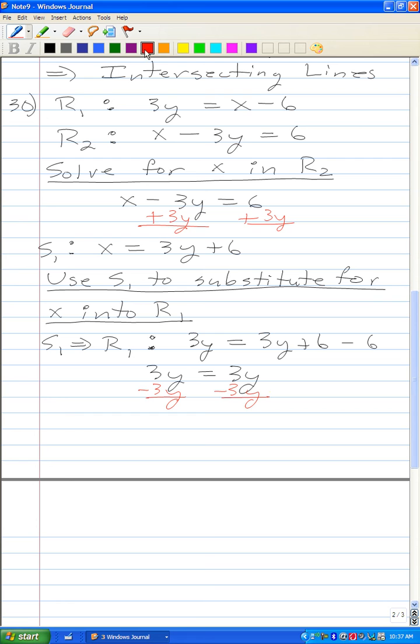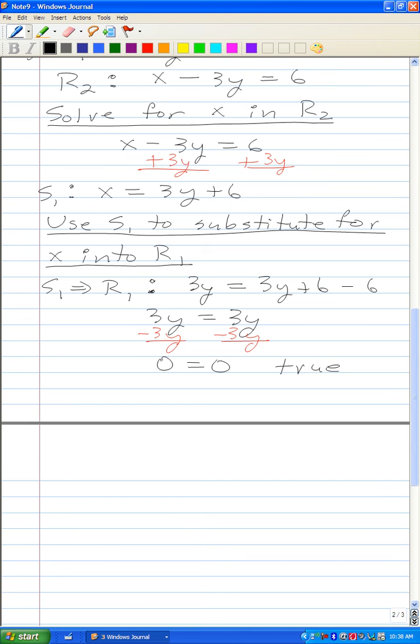And so I get 0 equals 0. So notice that in this case, I've eliminated all my variables. And notice that in this case, this is a true statement. Therefore, this is a case of a dependent system.